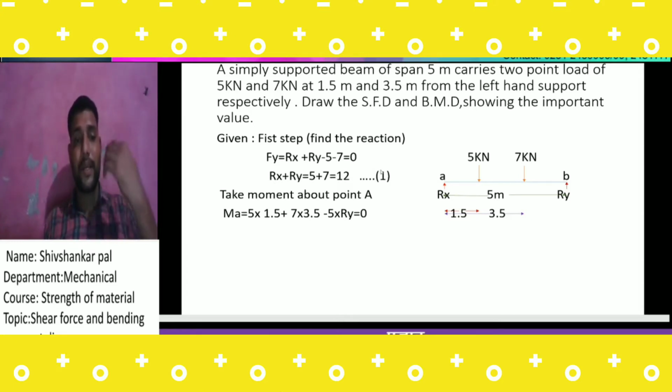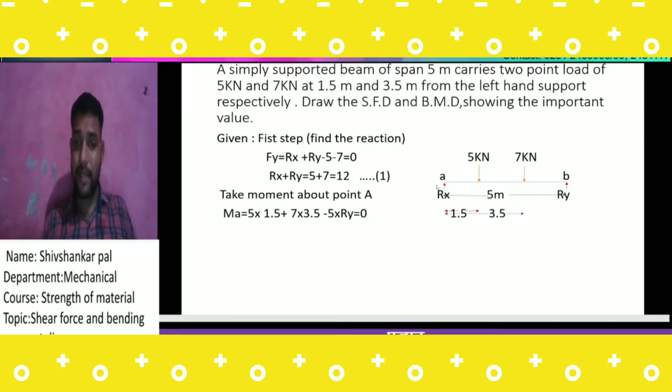Second, in the equilibrium condition, two important conditions are fulfilled: the sum of forces in the x direction is 0 and the sum of forces in the y direction is 0. Third is that the moment about any point is 0. So take a moment about point A. Why am I taking the moment about point A?